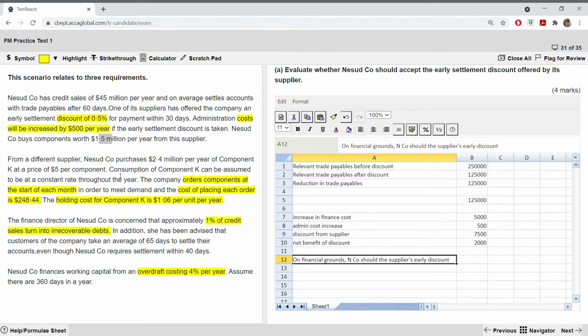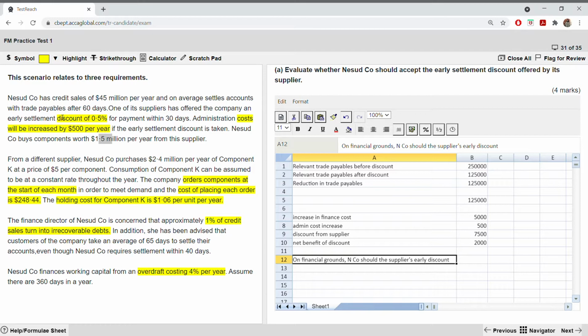We haven't used the holding cost and cost of placing order. Whatever is needed in this question, we are only using that piece of information, because the same case study will be used for many different questions. There are 2 case studies.